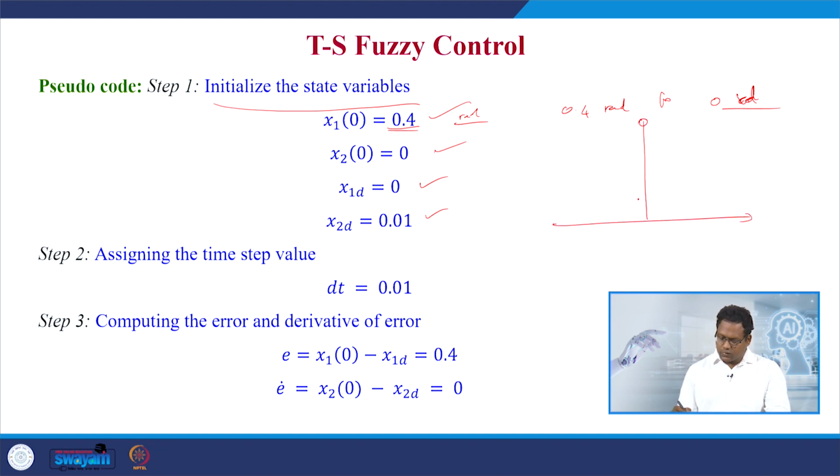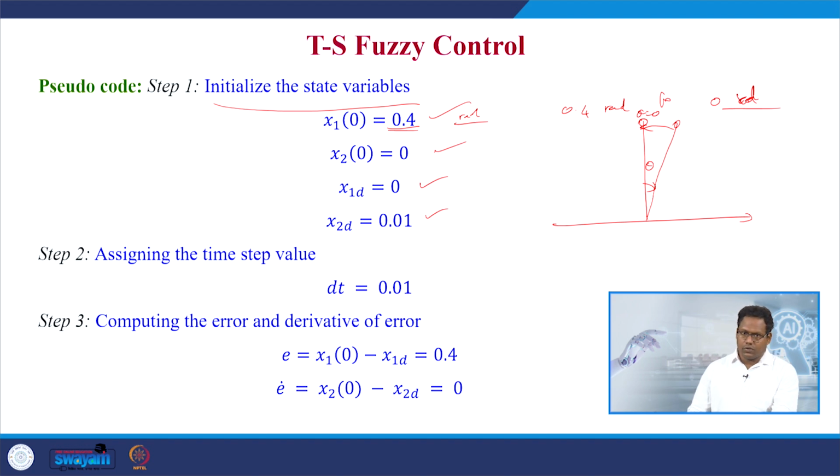And here is this pendulum. It has been perturbed by an amount theta, which is given by 0.4 radian, which is roughly around a 23-24 degree angle, and it has to be brought to the vertical 0 angle, because here theta equal to 0.